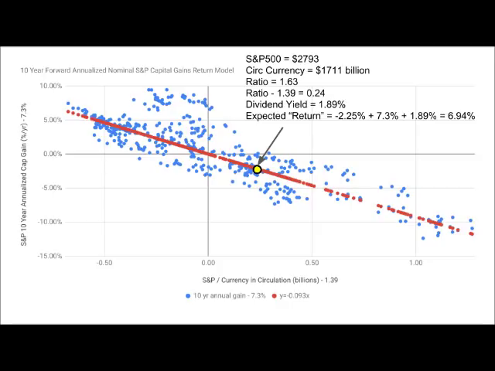How much slower? We should expect capital gains to be about 2.25 points lower than normal over the coming decade. Horrible? Hardly. Add that to the 7.3% per year rate of expected currency printing, and then tack on a modest dividend yield, and we can expect a nominal return of slightly shy of 7%.